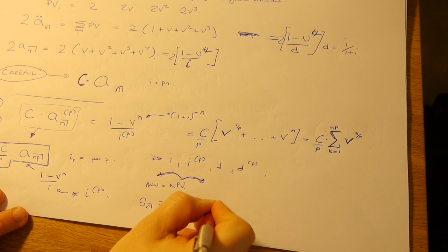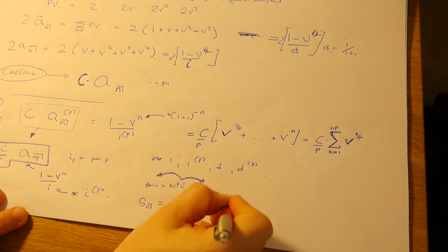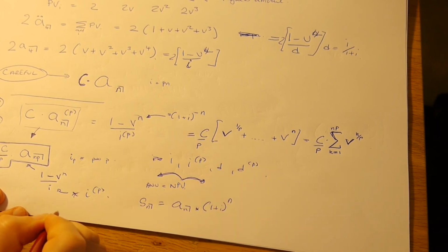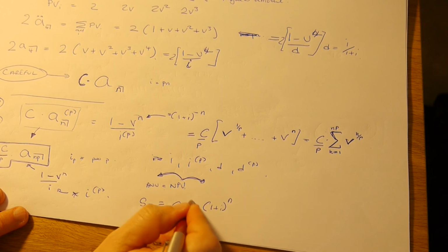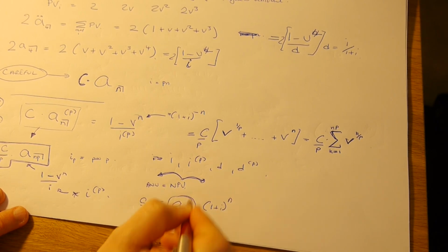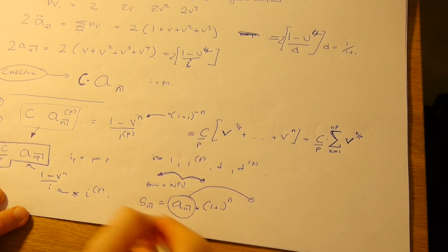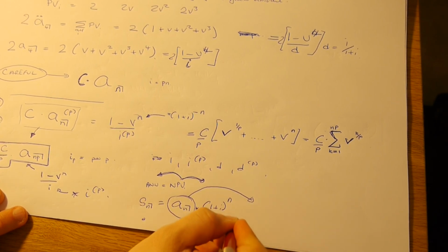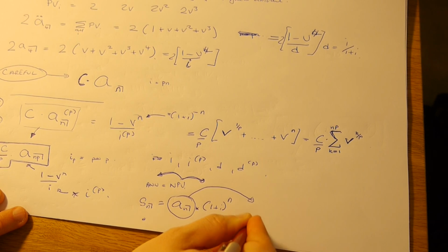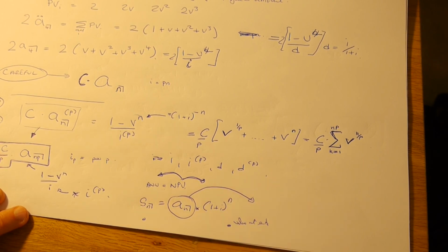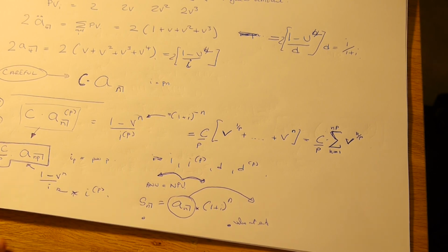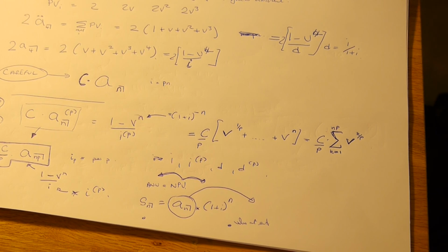We can multiply that by (1 plus i) to the n. So you can see all we've done was we've taken this and then we've accumulated that. So rather than being at the start of the period, it's now the value at the end for a series. Okay, right, I'll do some more of these, but that will do for now, I think.